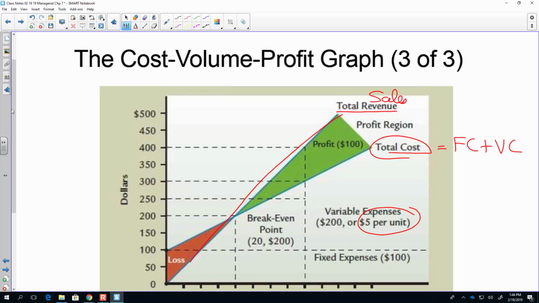Right? And at this point, it's all variable at the rate of $5 per unit. And at 200 units is my break even. My break even point is at $2. I do have fixed expenses of 100. So I'm not sure what we sell these for.